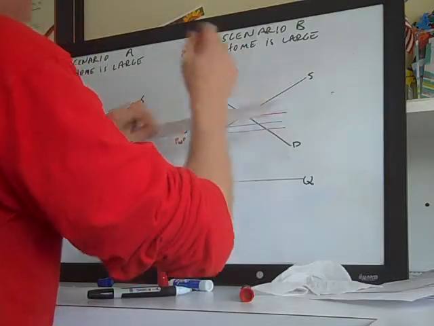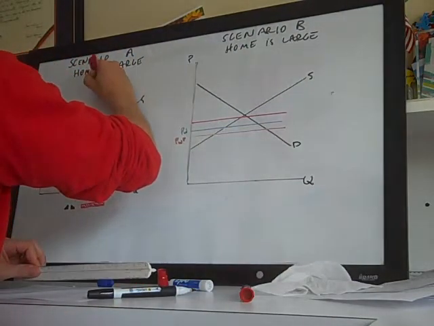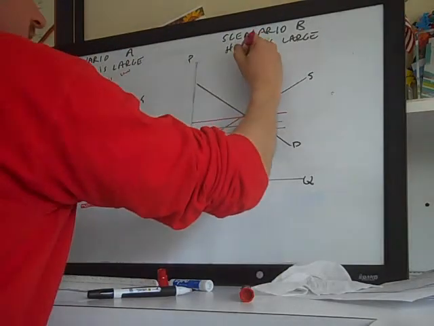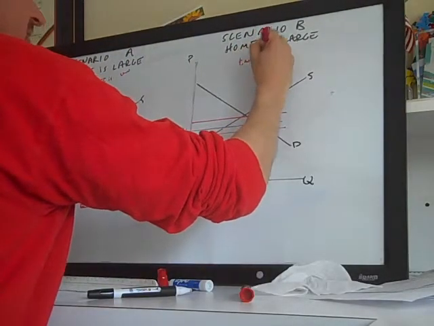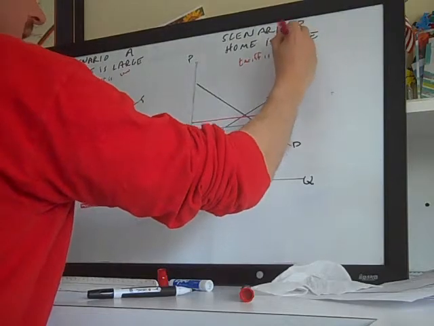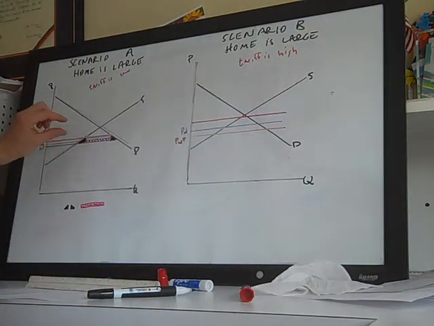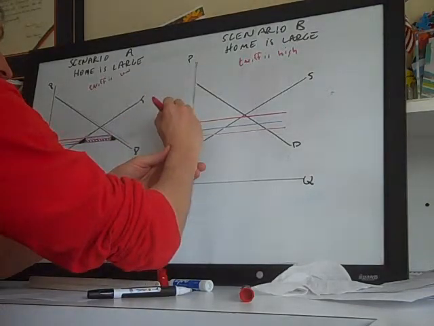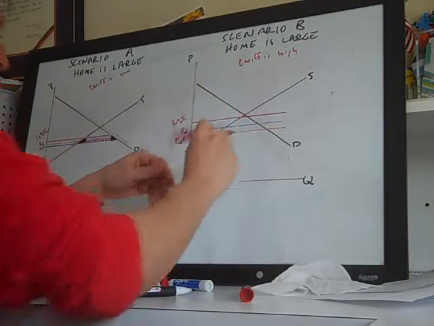Okay, in this scenario the tariff is low, here the tariff is high. That gap is deliberately bigger than that gap. Here is a tariff. The tariff is big, so I'm calling that PW star plus T.